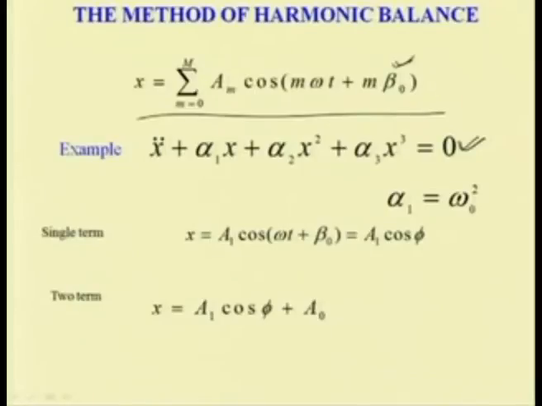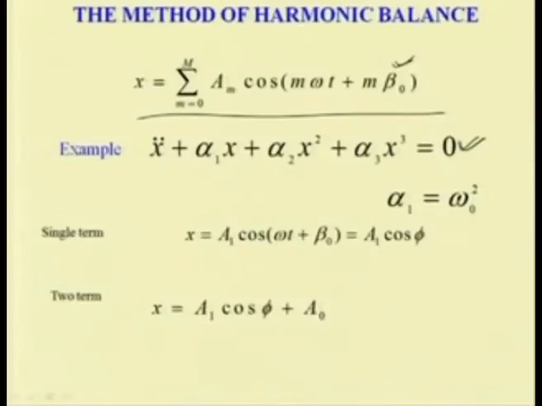The disadvantage of this harmonic balance method is that one has to know the solution a priori, or up to what order one has to take, one should have the idea. But in case of method of multiple scale, one need not know the solution a priori. And one more advantage of method of multiple scale over the method of harmonic balance is that one can study the stability of the systems by taking the reduced equation.